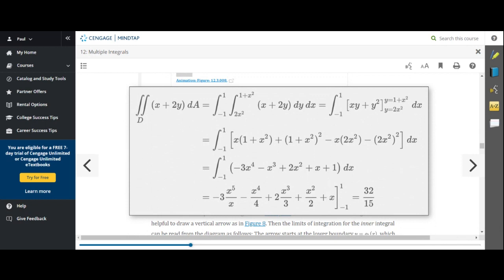And then we substitute in our limits, which are functions. And the rest is computational. Are there any questions on this example?